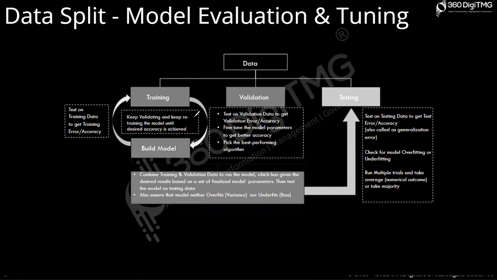We will be fine-tuning the model parameters to get better accuracy, and I am going to pick the best performing algorithm to use for my final model deployment. So this is one way.